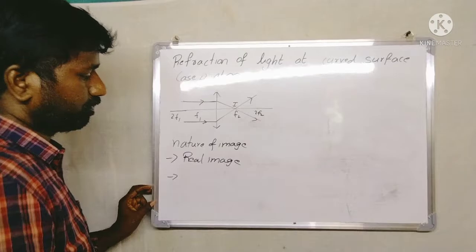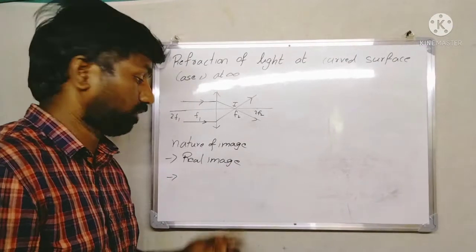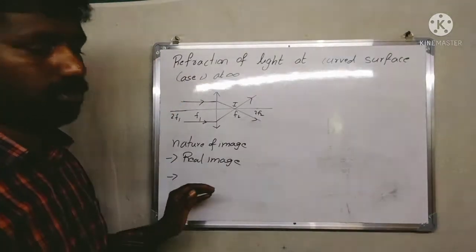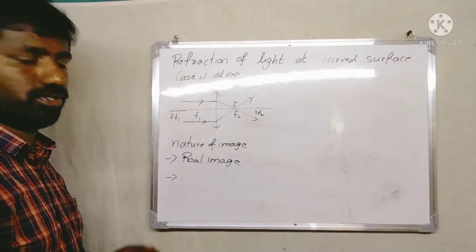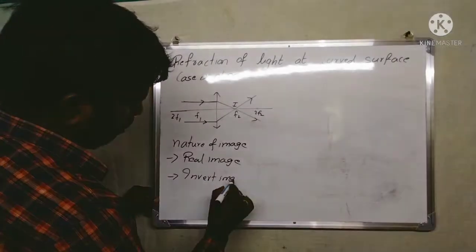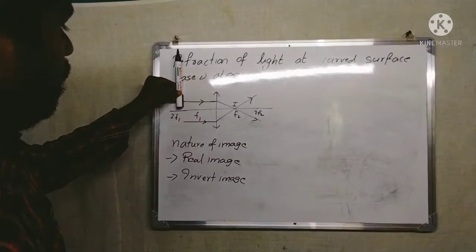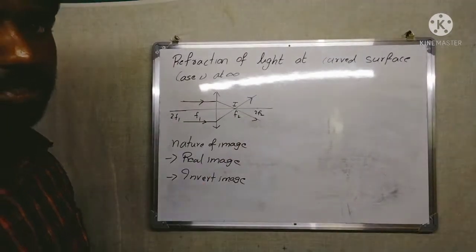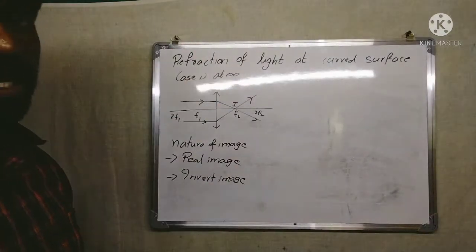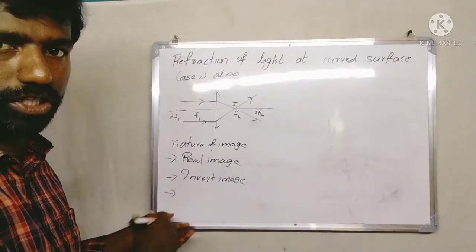And next, real means we need to consider an inverted image. What does inverted image mean? Keeping the object above the principal axis, if you get the image below the principal axis, that is inverted. Or else if you keep the object below the principal axis and get the image above the principal axis, that is an inverted image. So in the next diagrams you will get clarity about the inverted image.